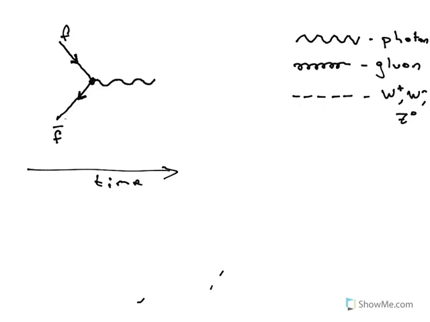You've got two fermions that interact in some way. At some vertex, you have three particles interacting. The mediator of the interaction is one of these three. It could be a photon, a gluon, or a W plus, W minus, or Z boson, depending on the nature of the interaction.